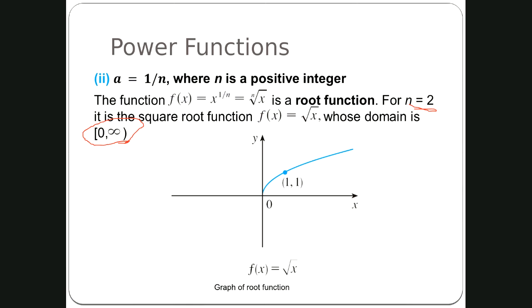If n is even, so you have the square root, fourth root, sixth root, eighth root, 10th root, and so on, the domain will be from 0 to infinity. If you have an odd root, for example, cube root, fifth root, and so on, the domain is the set of real numbers, the whole set of real numbers.